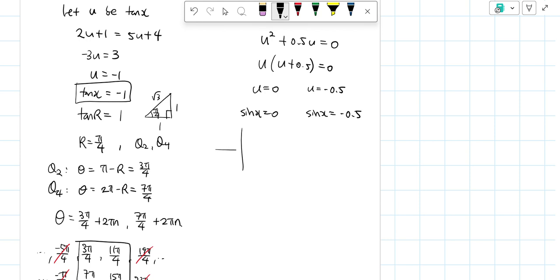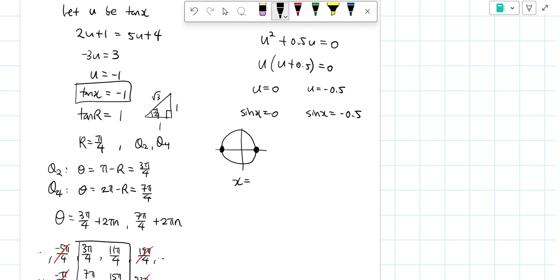Drawing the unit circle, knowing that sine of x represents the y coordinates of the unit circle, solving sine of x equal to 0 is similar to finding where my y coordinate is equal to 0. I think that's pretty simple. My y coordinate is 0 at these two positions, the x-intercepts.